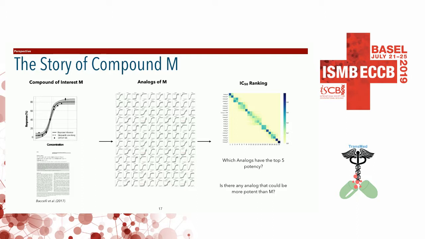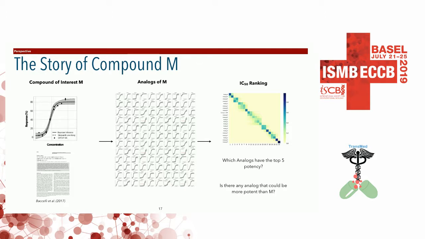They then synthesized a bunch of analogs based on this initial compound M. They did dose-response experiments on those analogs, and then gave us the results, and we were left asking ourselves which analogs would be the most potent, and whether any analogs could actually be more potent than our initial compound M.